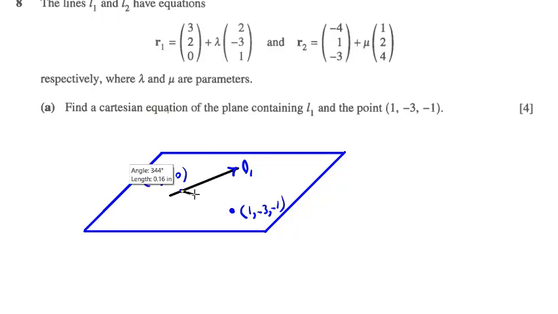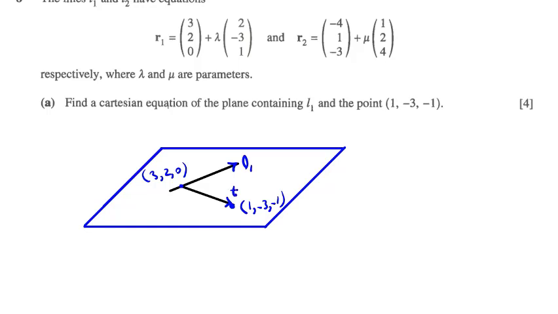So if we connect these two points, then we take a cross product. For example, suppose this is T1; if we cross product T1 with L1, we get the normal n.